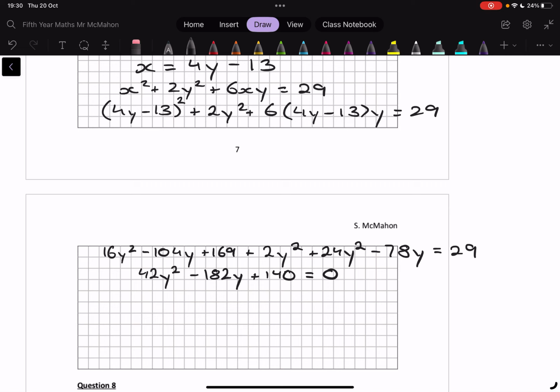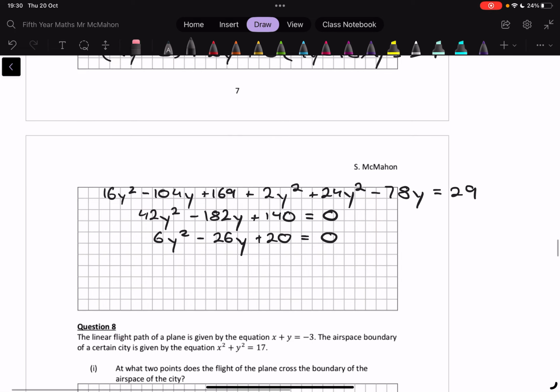So we can divide across by 7, and we get 6y squared. 182 also divides by 7 to give us 26, and 140 will divide by 7 to give us 20. So we can see here that our two factors are actually going to be the two values we have, 6 and 20.